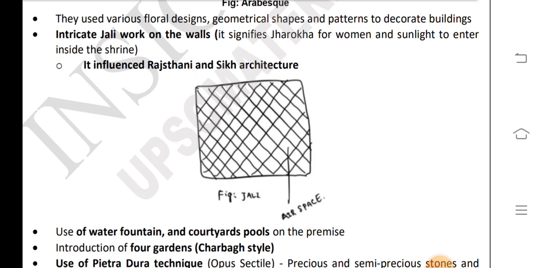Intricate jali work on the wall is a significant feature for women and for the sunlight to enter inside the shrine. Influences: Rajasthani and Sikh architecture.